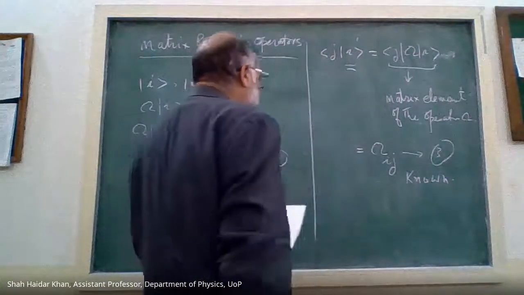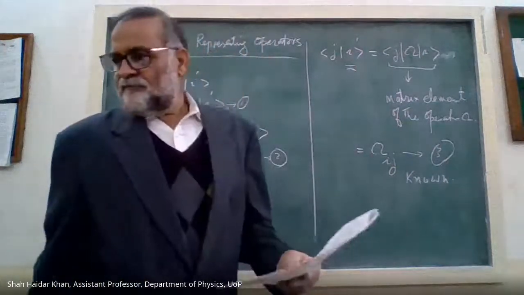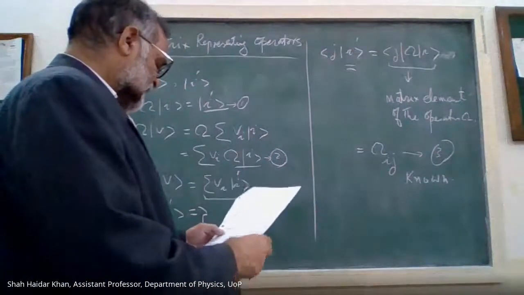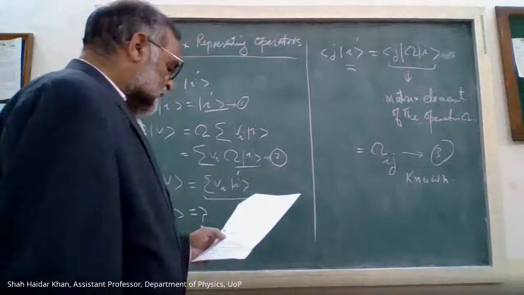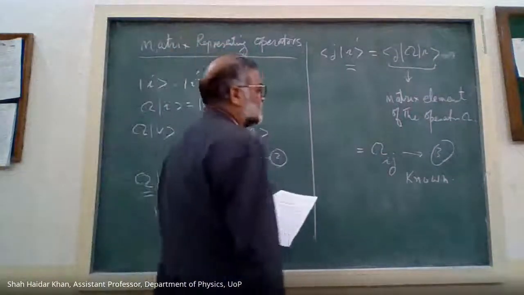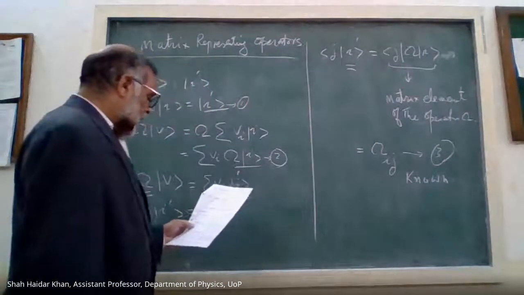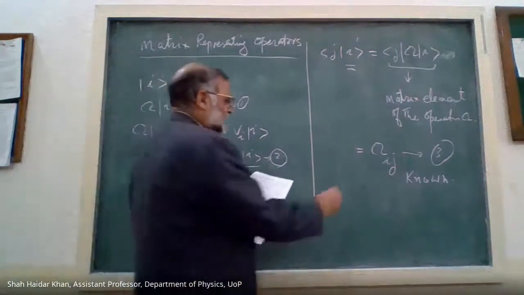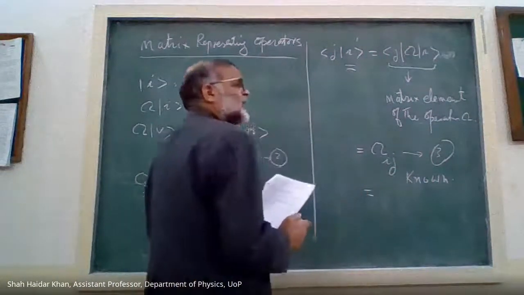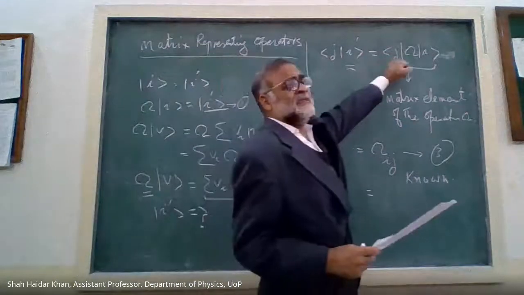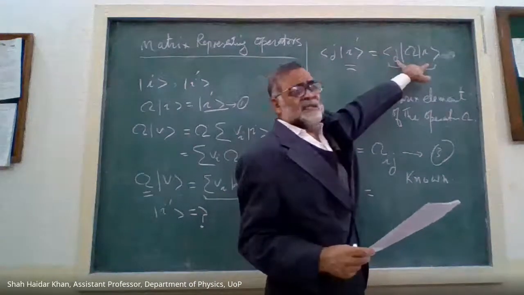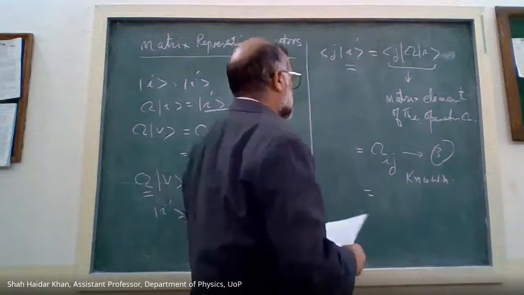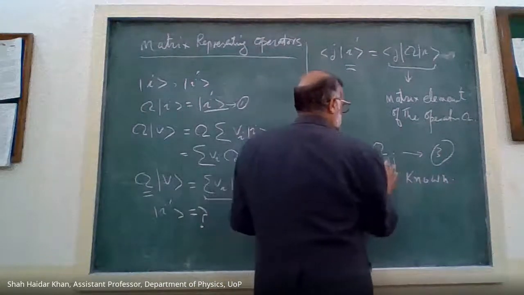The number of rows and number of columns should be like j, i, I believe.